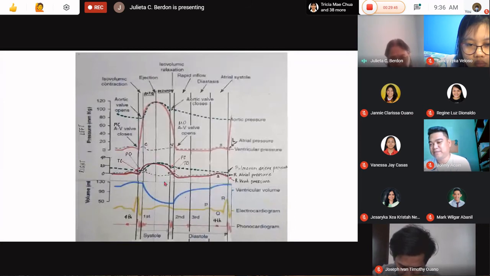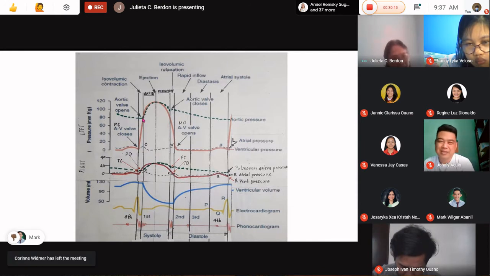Now let's go back to ventricular pressure. It increases. The minute ventricular pressure exceeds aortic pressure, so this is our aorta, right? The minute it exceeds aortic pressure, what valve will be affected?